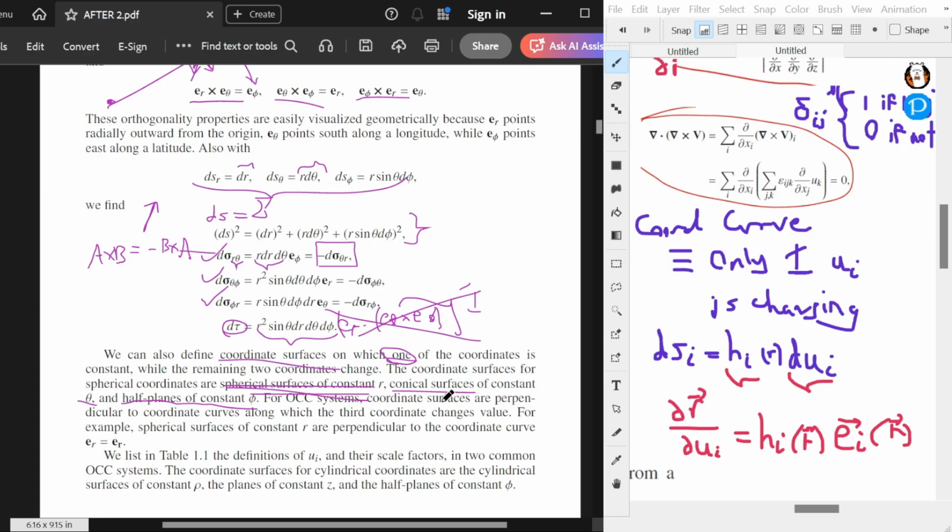For OCC systems, coordinate surfaces are perpendicular to coordinate curves along which the third coordinate changes value.